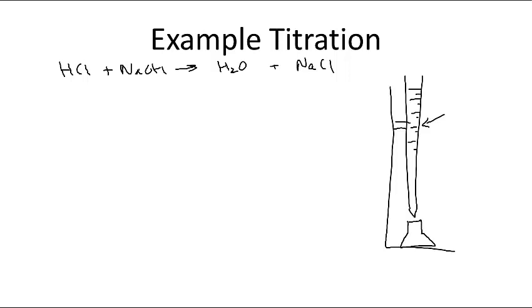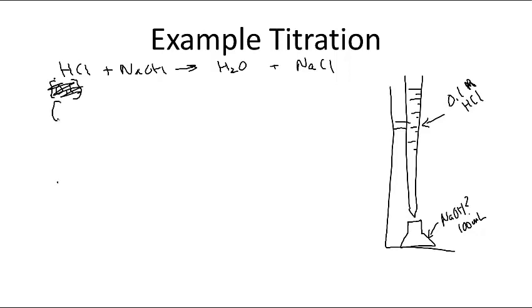In the burette I have 0.1 molar HCl. And down here I have NaOH, and I don't know what the concentration is. But I do know I have 100 milliliters.